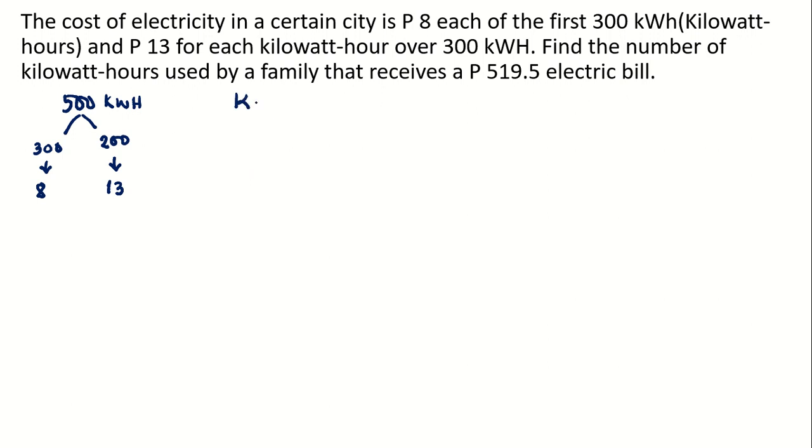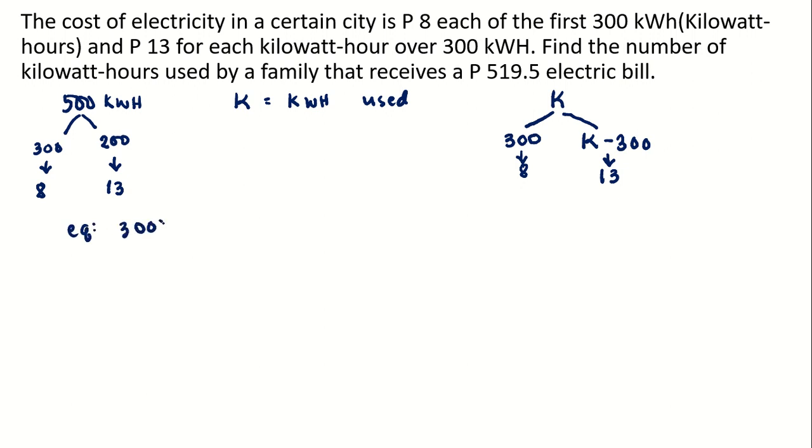Let K be equal to the kilowatt hours used. The first 300 of that would cost 8 pesos each. How will we get our excess? That is K minus 300. So this would cost 13 pesos each.